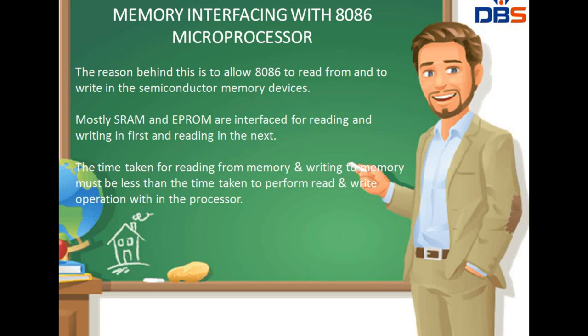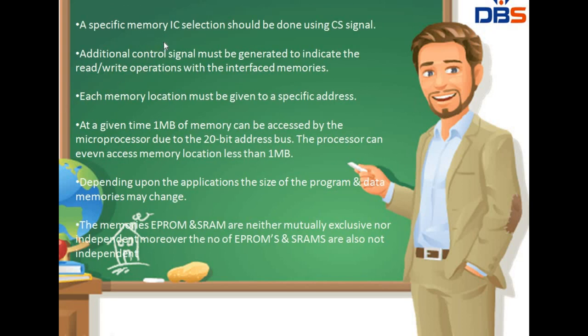The time taken for reading from memory and writing to memory is much less than the time taken to perform read and write operations within the processor. That means extracting or transmitting data to other devices is much less when compared to the processor operation within itself. And a specific memory IC selection should be done using a chip select signal.